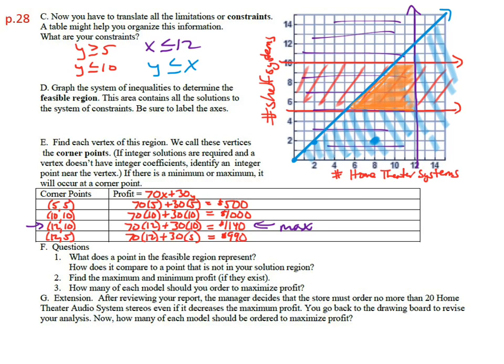So inside the region, this is a possible combination that could be sold, whereas a point that's not in that region is something that we would not expect to sell. So that would be a combo that would not be expected to sell.